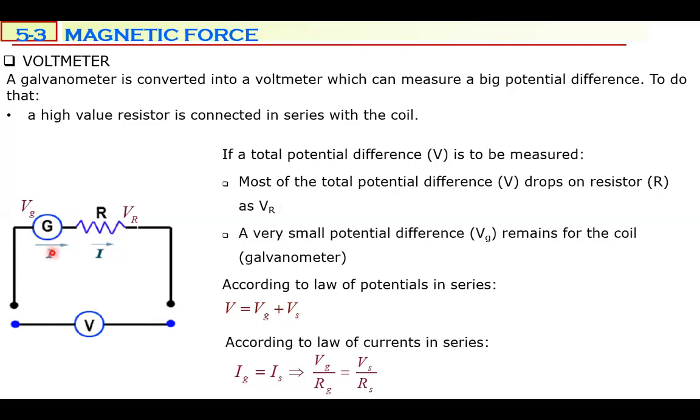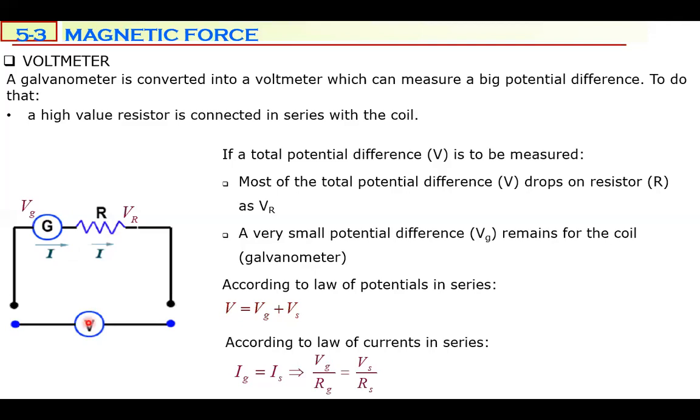When you connect this resistor in series with the galvanometer, most of the total potential difference V drops on this resistor. A very small potential difference remains for the coil or galvanometer. According to the law of potential difference, Vg plus Vr must be equal to V.